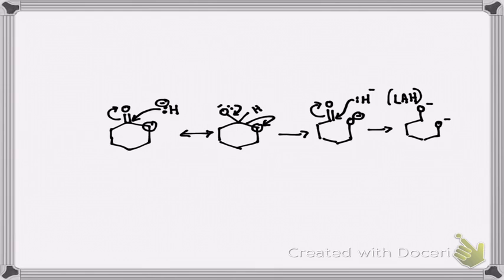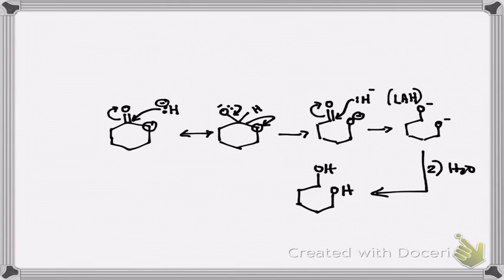Draw a cyclic ester, like this. So I'm just going to draw this as lithium aluminum hydride instead of drawing the whole thing, so it's a little bit cleaner to look at, right? This hydrogen is going to attack where? The carbon of the carbonyl. And that'll cause this to open up like this.